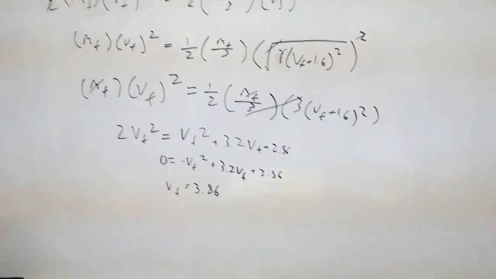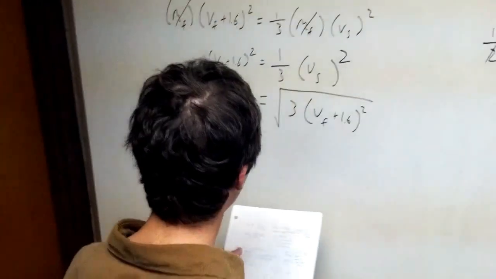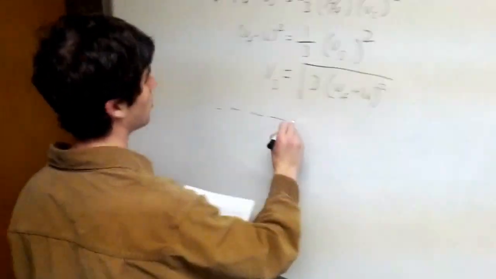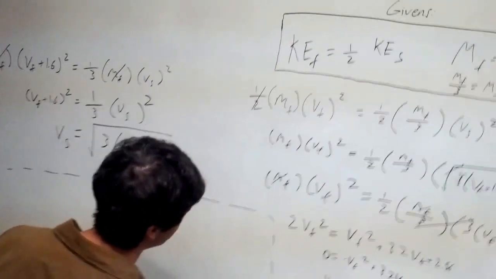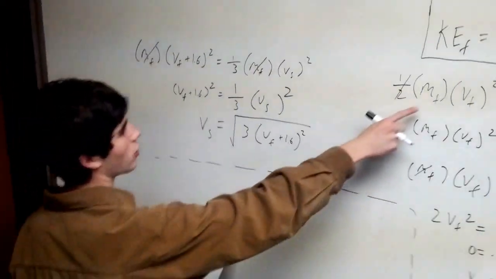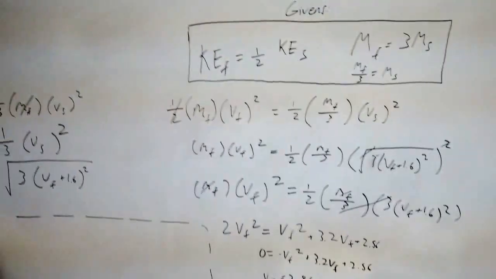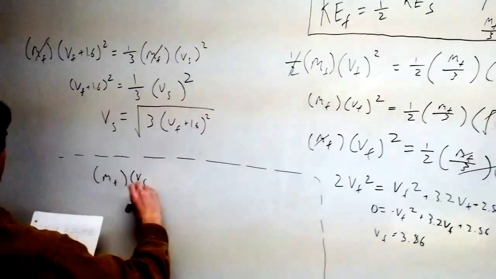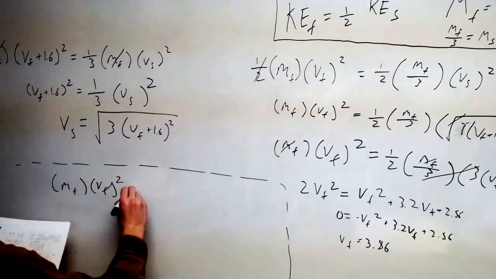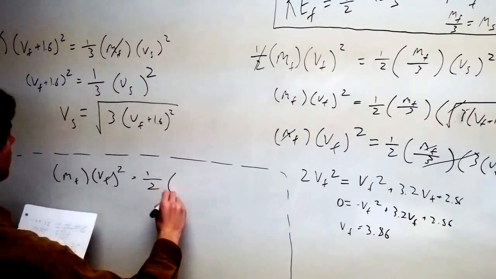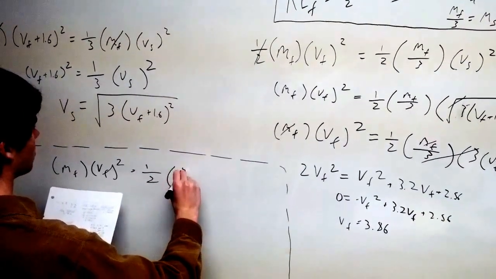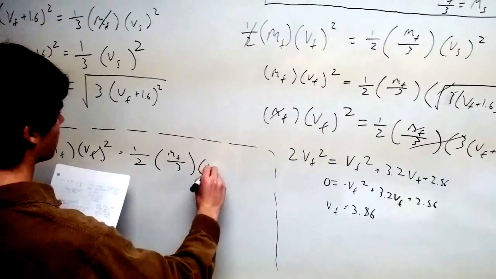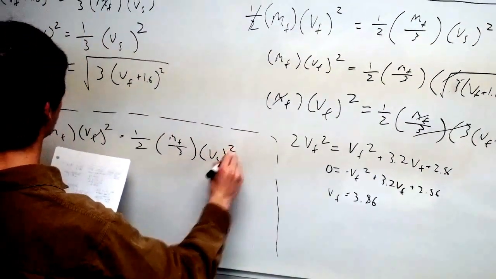So that's half. The second half of the problem is to find the velocity of the son. And that's a bit easier. So we go back to our original equation, mass of the father times the velocity of the father squared equals 1/2 times mass of the father over 3 times velocity of the son squared.